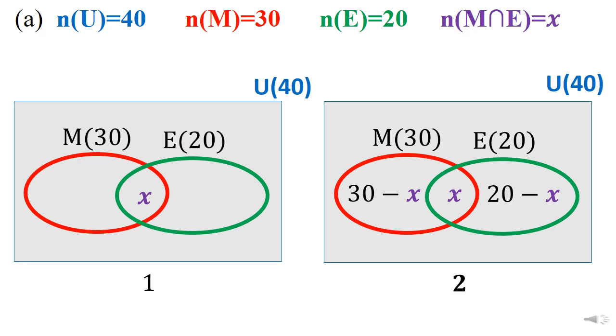So we have 20 minus x. We did this because in the question, we don't have the word only or exactly attached to mathematics students and English students. That's why we subtract the x from these numbers to get the other portions within the circles.